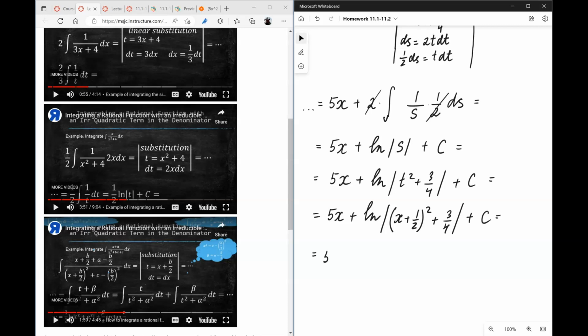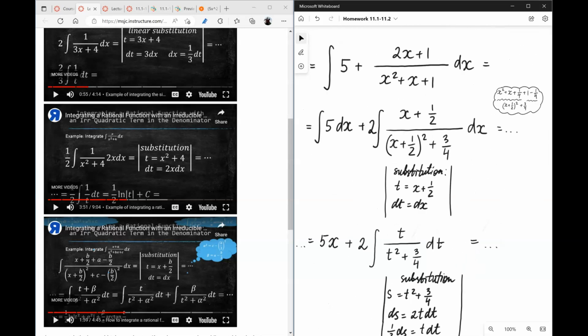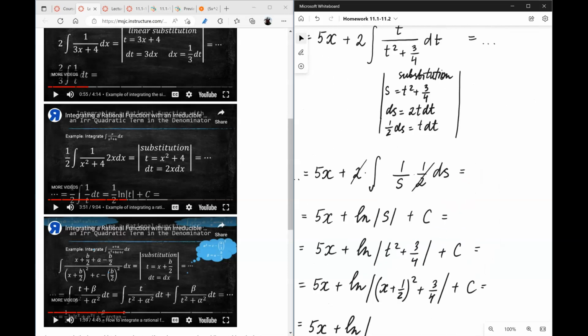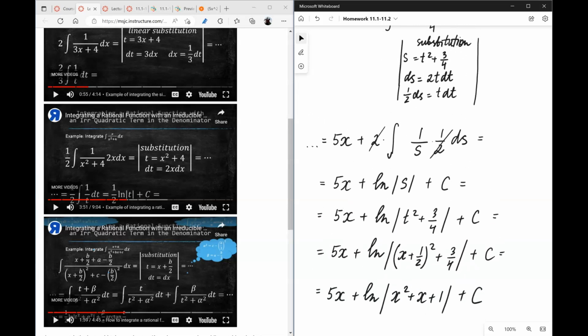And the last thing here to notice is that x plus 1/2 squared plus 3/4 is actually our denominator, which is x squared plus x plus 1. And that's the final answer.